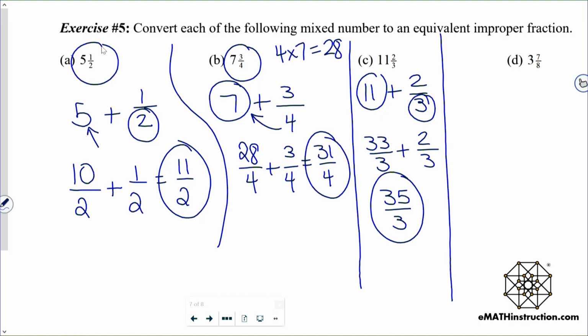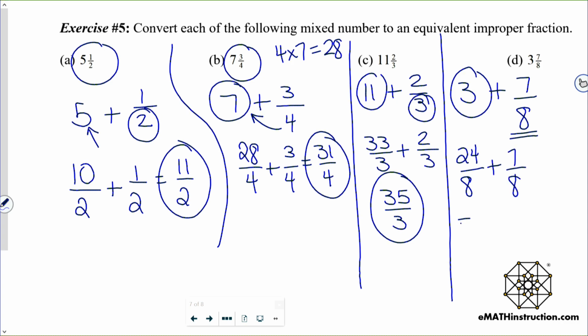Let's do letter D together. Again, 3 7/8 is 3 plus 7/8. If I want the number 3 in terms of eighths, that's going to be 3 times 8. That's going to be 24 eighths. Plus 7/8 gives me 31 eighths.